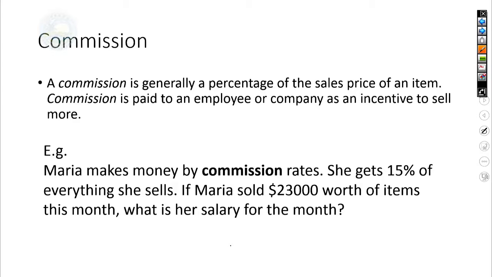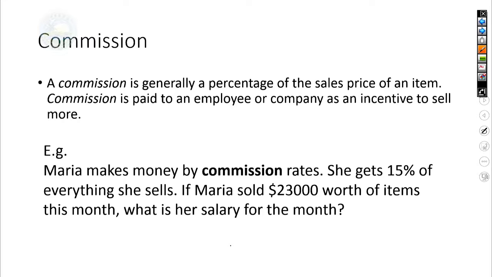So if it's how many people you get to sign up, how many items you sell, how much money you make, how many tires you change, whatever the company's goals are, generally large companies give commission as an incentive for employees to work harder.